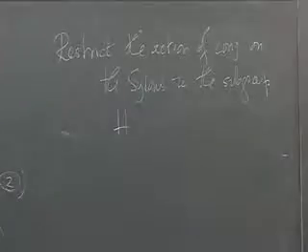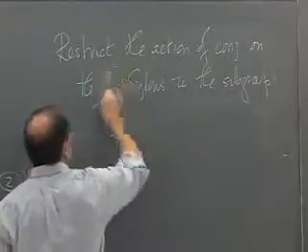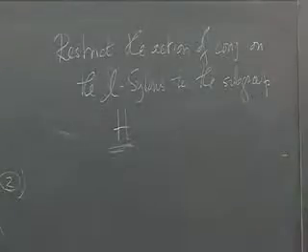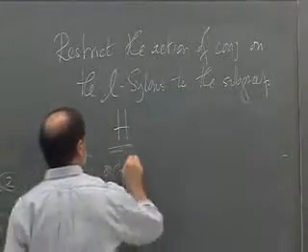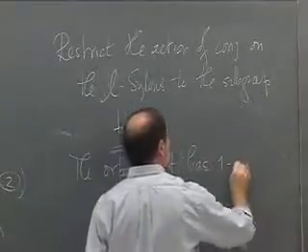So we have a set of L Sylows, and now we just let the subgroup H act by conjugation. I claim there's an orbit with one element.